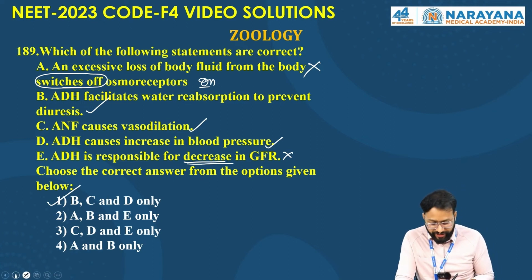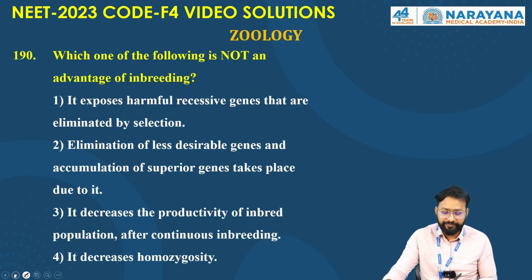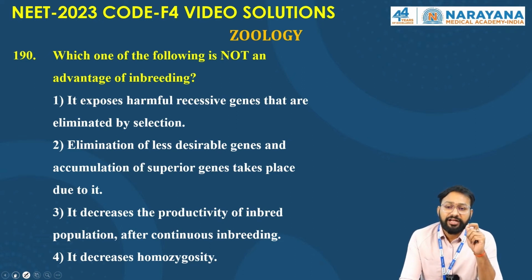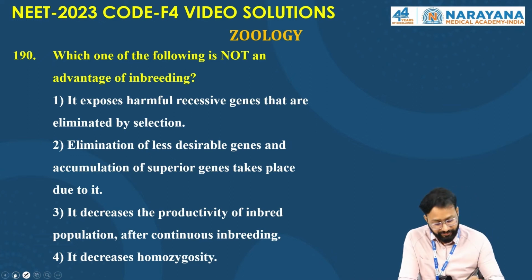Moving on to the next question, question number 190. Which one of the following is not an advantage of inbreeding? We know that inbreeding helps in increasing homozygosity and in development of pure lines. It exposes harmful recessive genes that are eliminated by selection. It is an advantage.